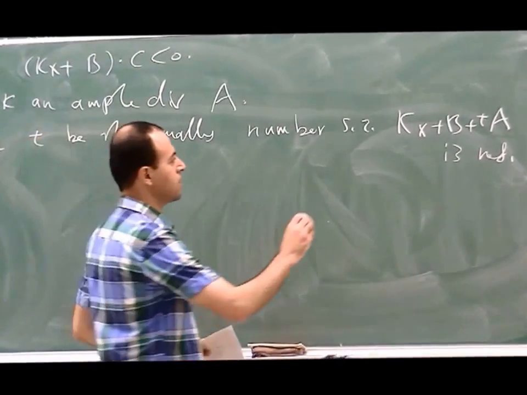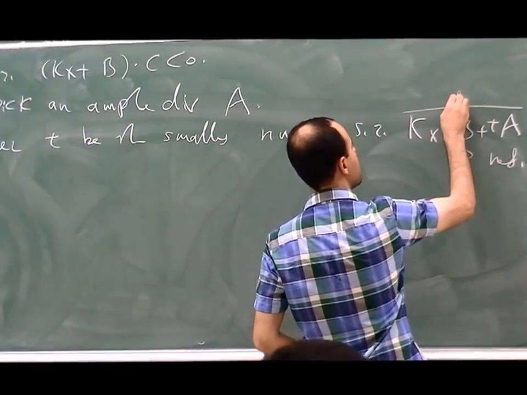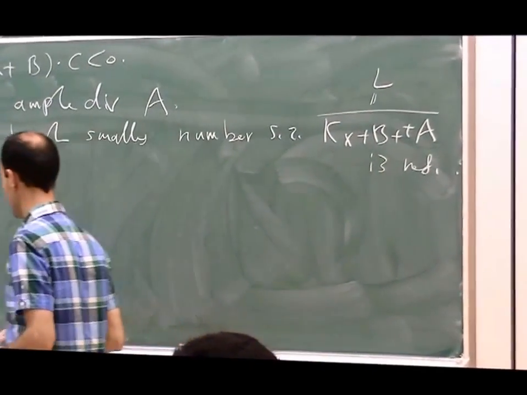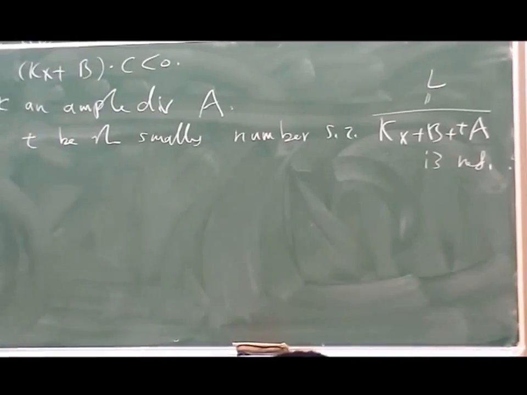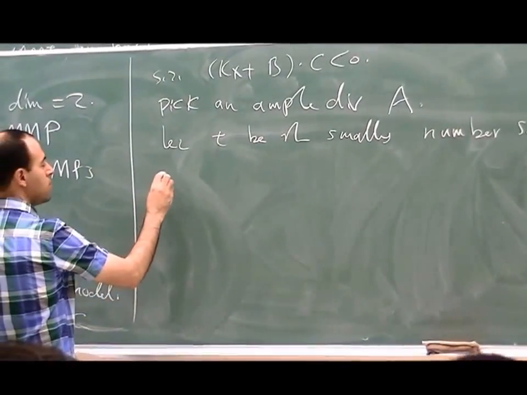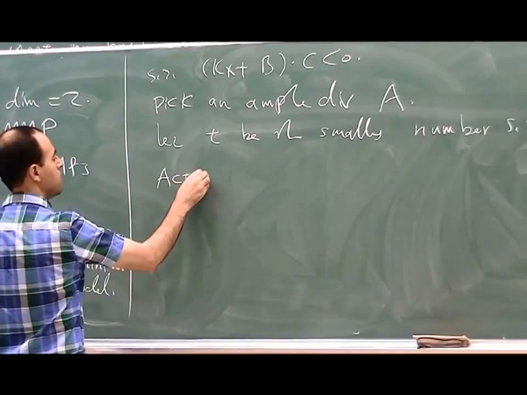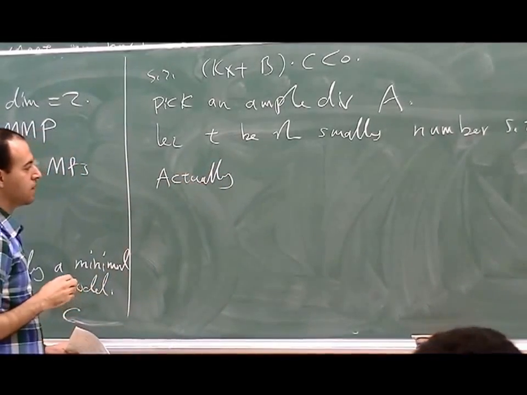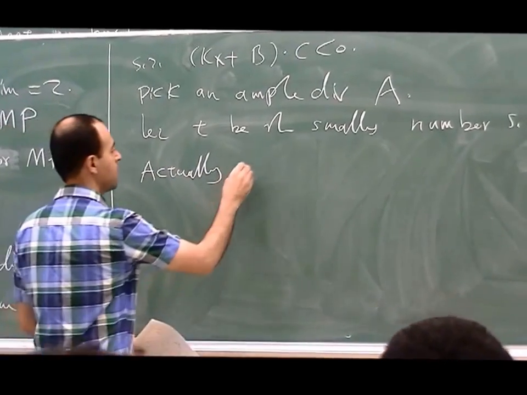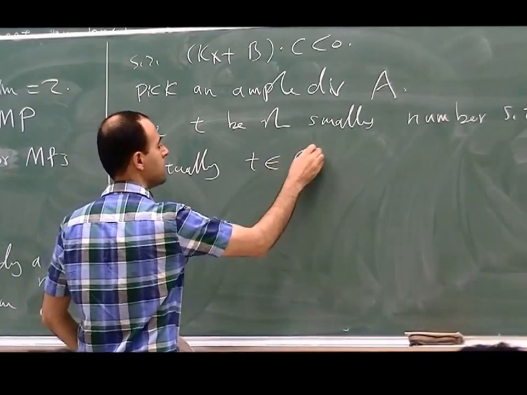So let me take a notation. Suppose this is equal to L. First, one thing to note here is that it is actually not clear at all in general that this number t is rational.